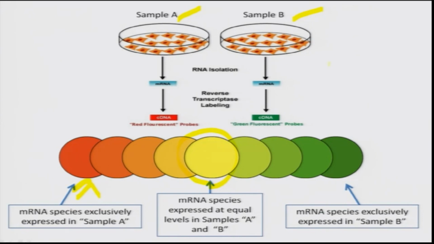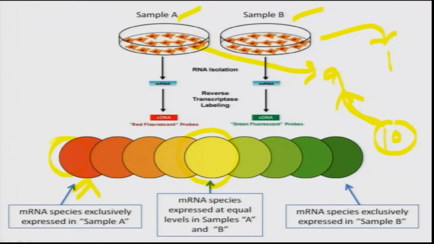Say suppose for every one transcript for a given gene from sample B, you have 9 transcripts from sample A, and I have 10 targets here. So, 9 of them will be bound with the cDNA derived from sample A. So, you are going to have more of red color, that is what it is.